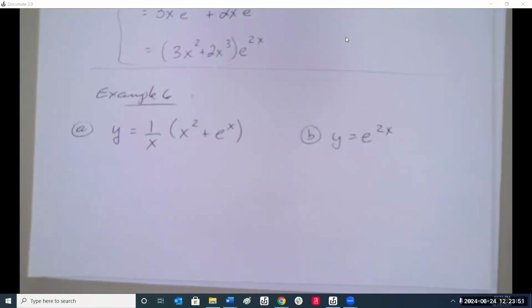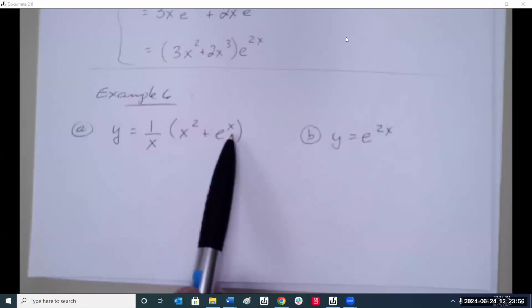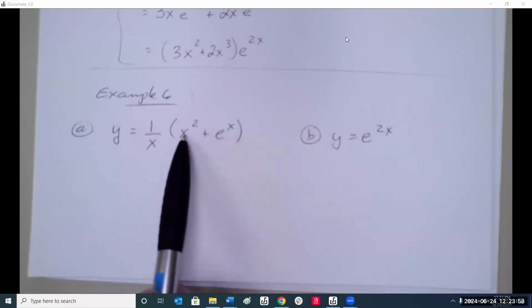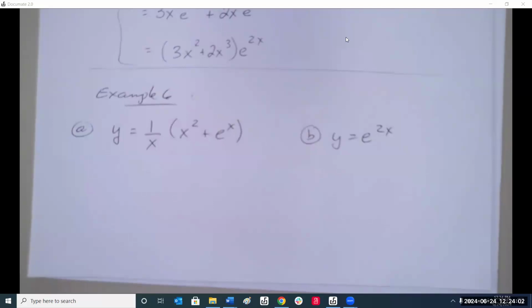There is no wrong way you could do this. You can make this a product rule, or you can distribute that and simplify this one and have a quotient over here. So you use whatever is easiest to you.